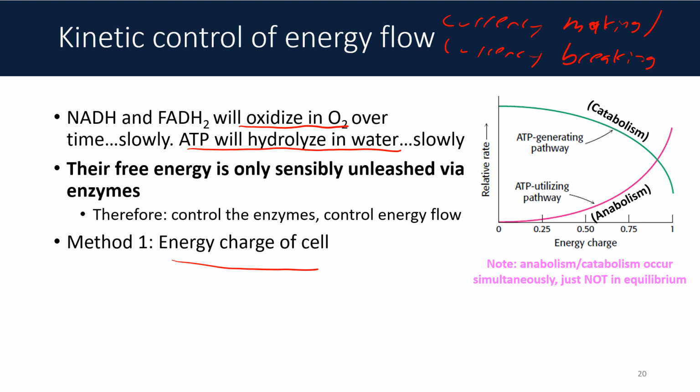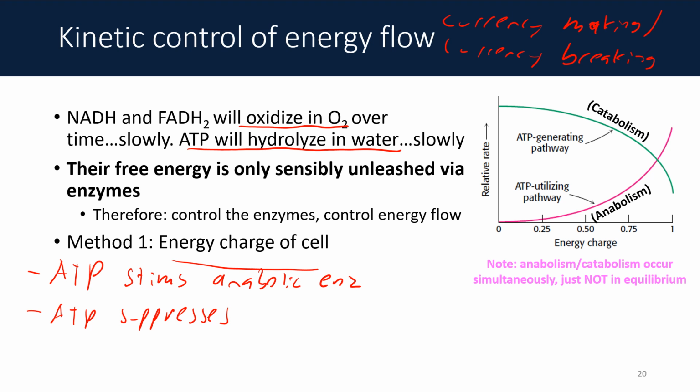ATP will stimulate many anabolic enzymes. At the same token, ATP suppresses many catabolic enzymes.